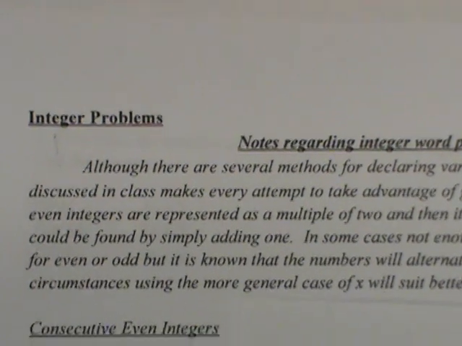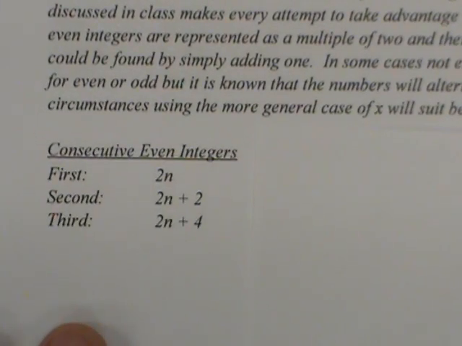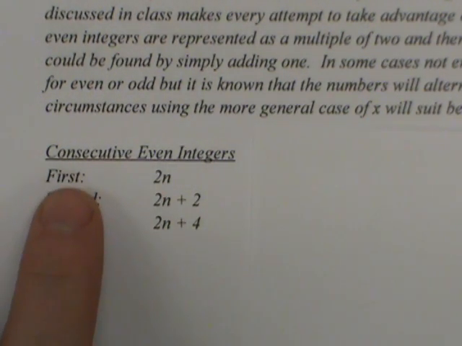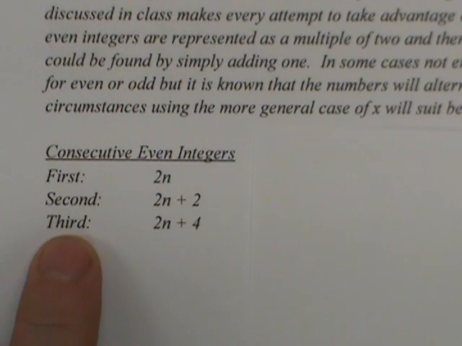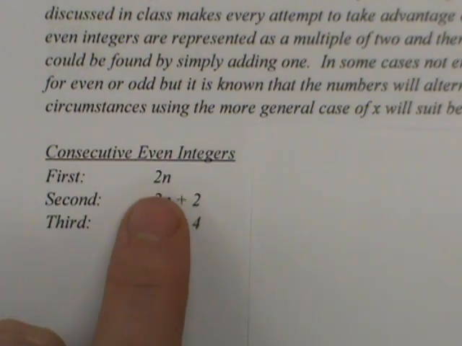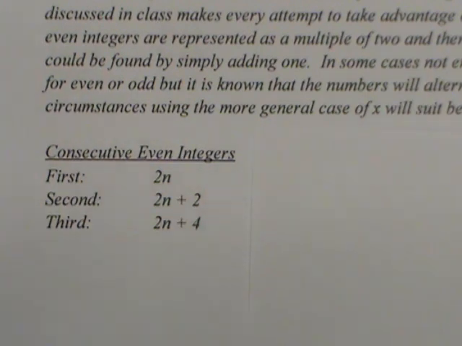And so when I declare for consecutive even integers, most commonly they'll ask for 3 consecutive even integers or 4 consecutive even integers, I start with the words first, second, third. And then I use the information I know. If it's an even integer, I can start with 2n. Once you have an even integer like 10, you know that the next even integer is found by simply adding 2.